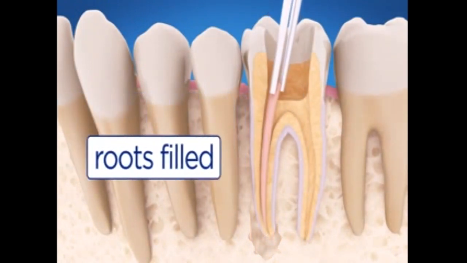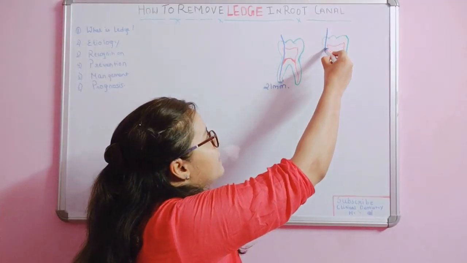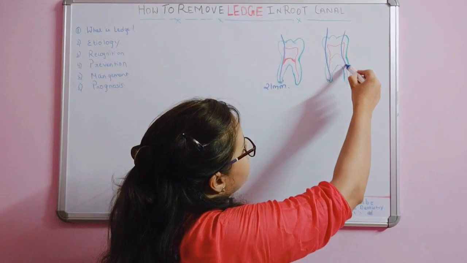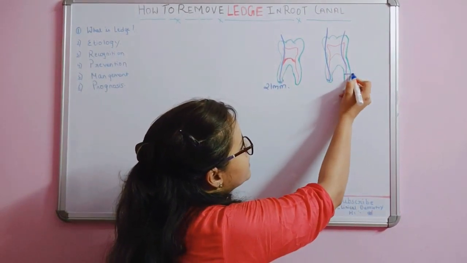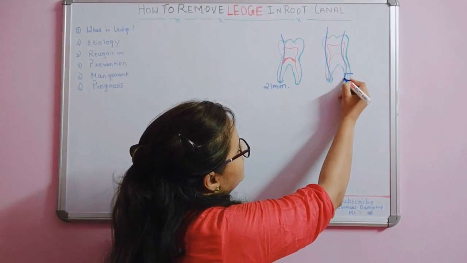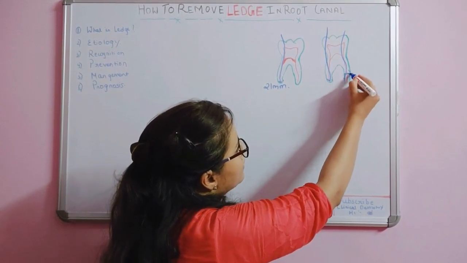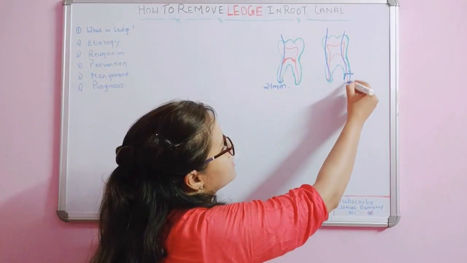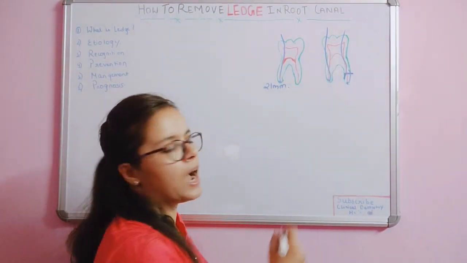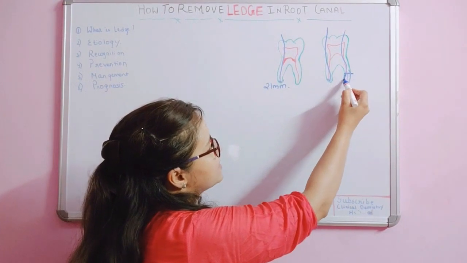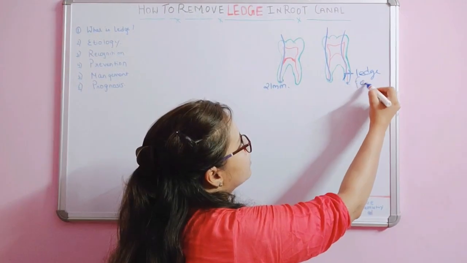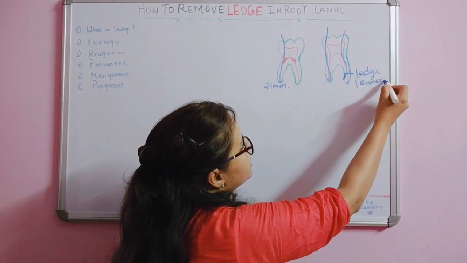After the space is cleaned and shaped, you see that over here, now the file is going up to this length and it is going to this area. That means the original curvature of the tooth was here, so the file should have been here only. But now when you are preparing, the file is stuck over here, and that has led to ledge formation.